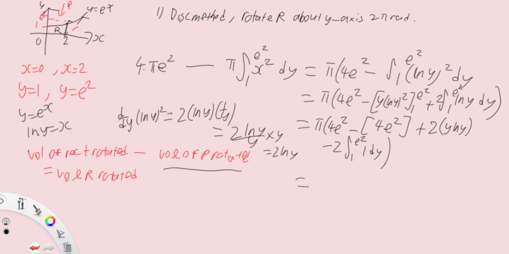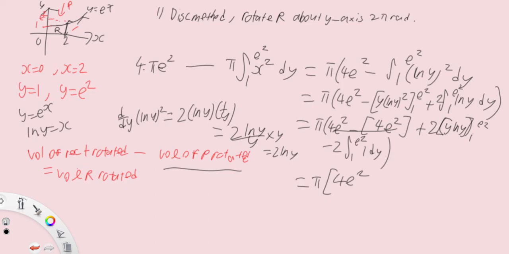Now here comes the last part. It's just basically putting your limits and then simplifying. So I get 4e squared minus e squared, so this gives me 0, simple enough. Now I get 2y ln y, so I get 2e squared times another 2, so this will give me 4e squared.